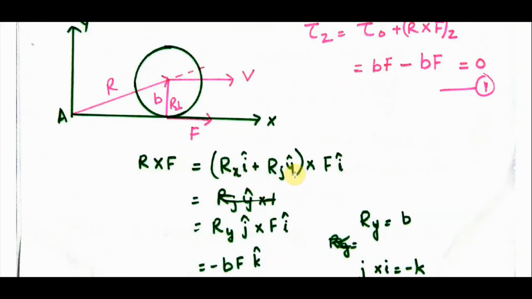So you will be having j cross, sorry, this is Ry into j. It is Ry into j cross F i.